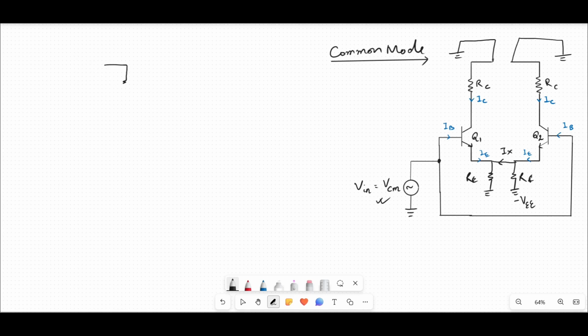From Q1, we have here first RC, then we have the output. So this is the common mode output. Then we have the source beta IB. Then we have input from this side.